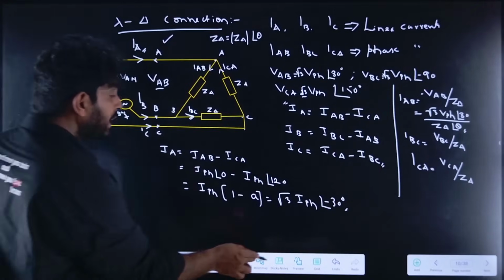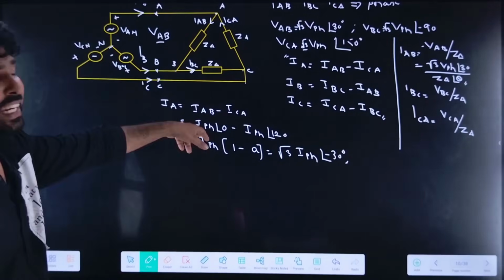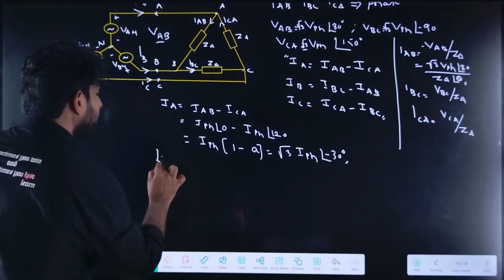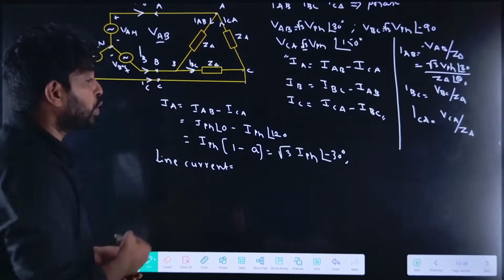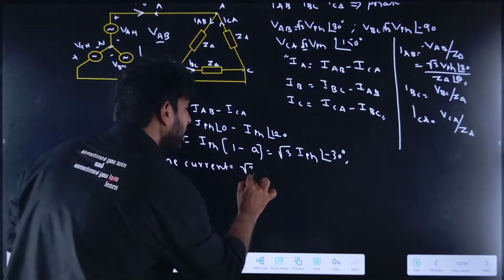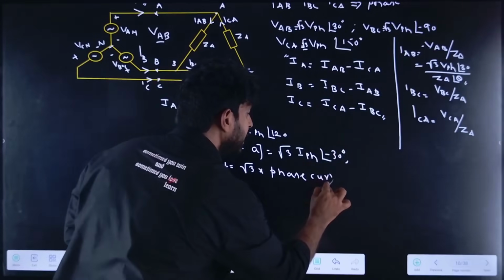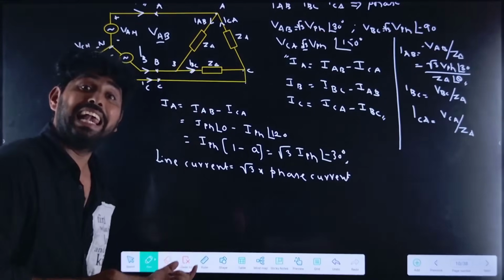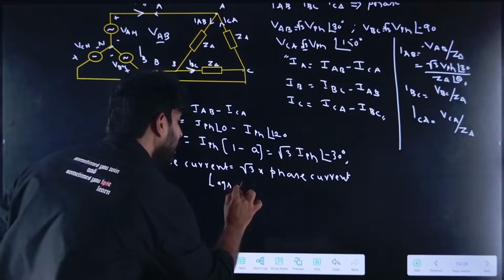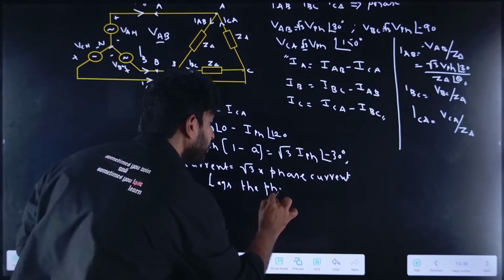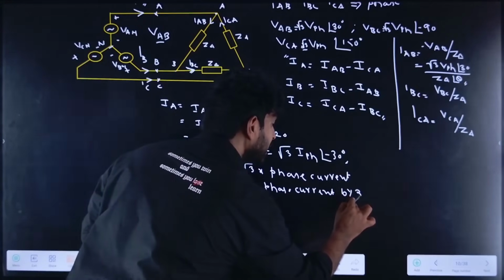So from this, what can we conclude? In a delta connection, the line current is root 3 times the phase current, and the line current lags the phase current by 30 degrees.